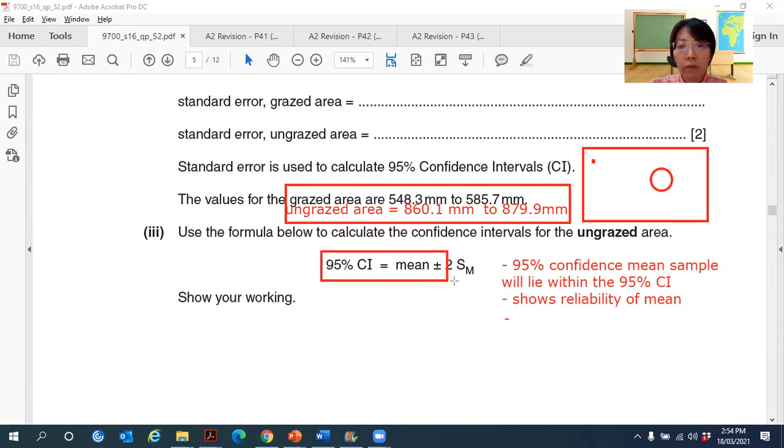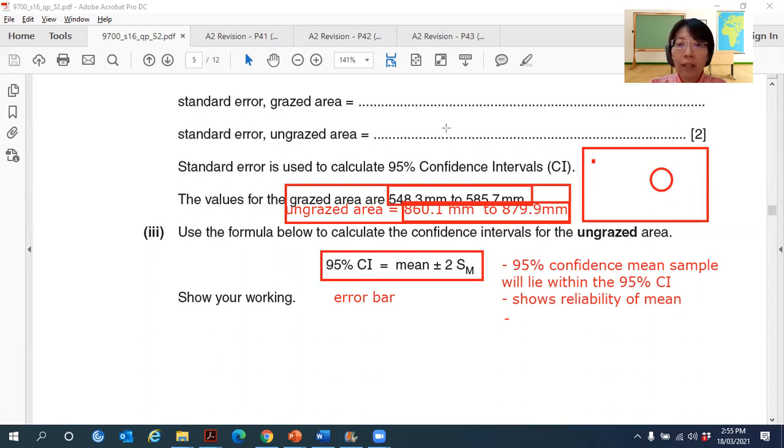Now this confidence interval here is actually the error bar, right? And you have learned that error bar shows the spread of the mean. So when you plot the graph and you draw them as error bars, you'll find that this range here does not overlap with this range. This range here does not overlap with another range.